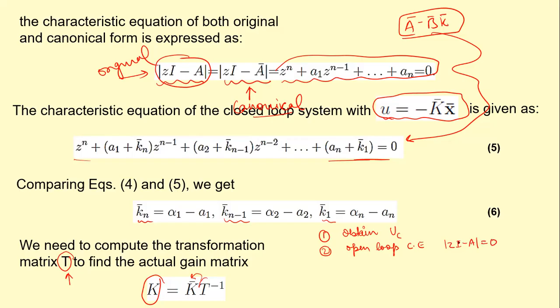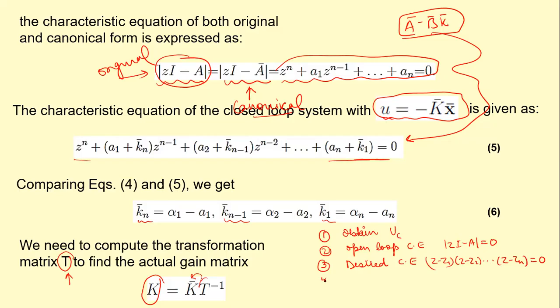This is the open loop characteristic equation, right? Then we have to see the desired characteristic equation, which is (z minus z1)(z minus z2) up to (z minus zn) is equal to 0.